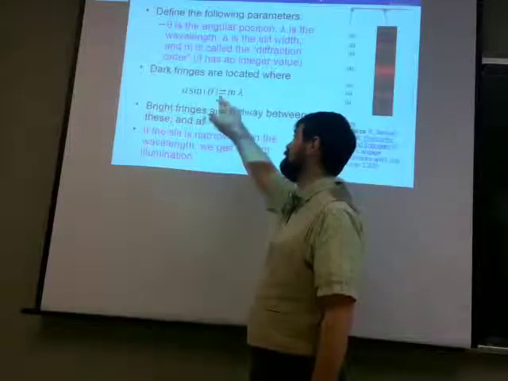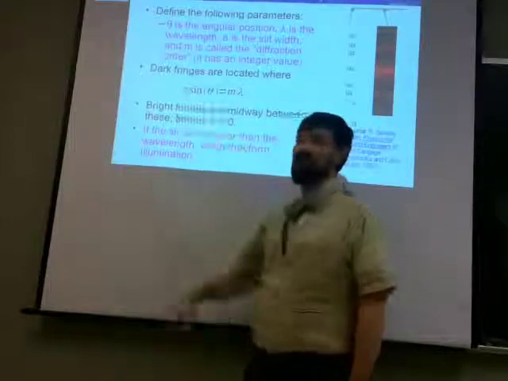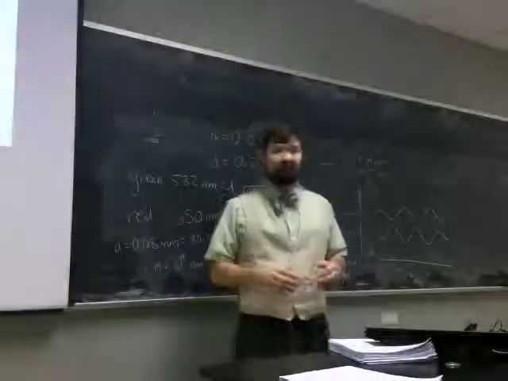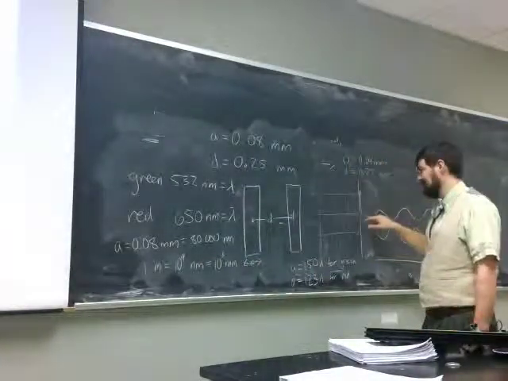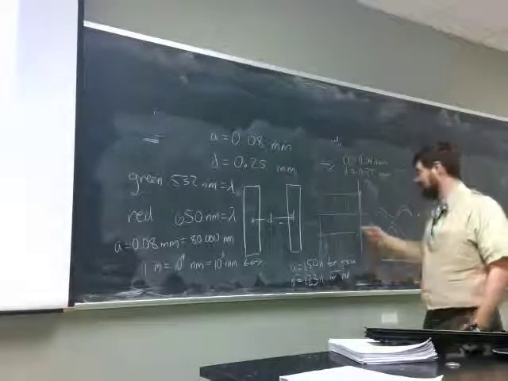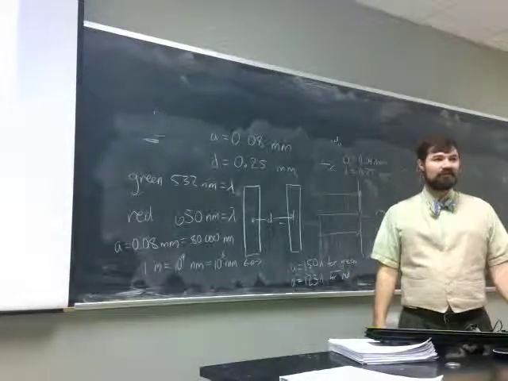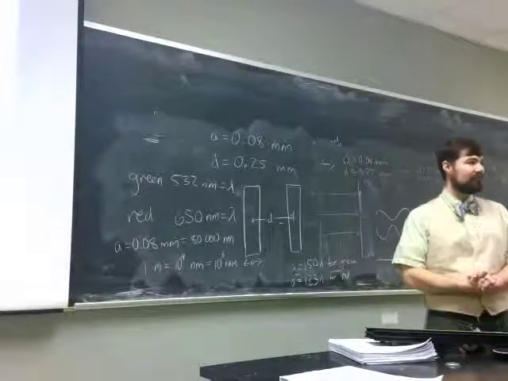So it's the maximum number m such that m times lambda over a is less than or equal to 1. And that's how many bright fringes, or how many dark fringes, you get to have above. And now multiply it by 2, because you can also go below. That's how many total dark fringes you can have, and hence also how many bright fringes you can have.